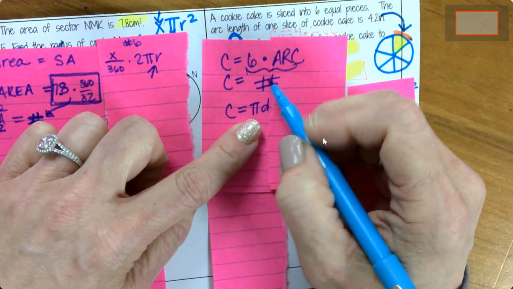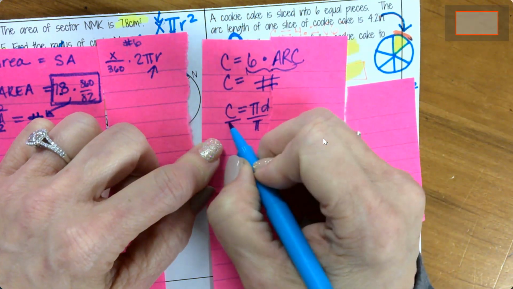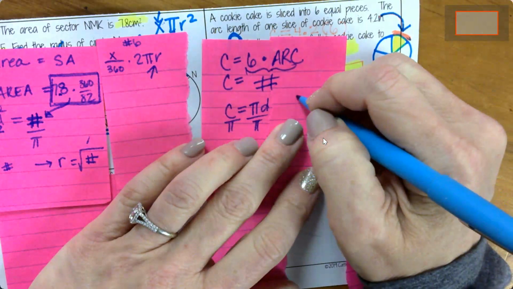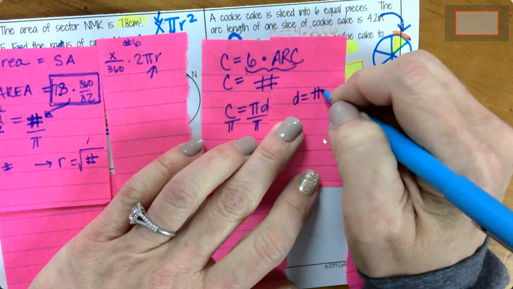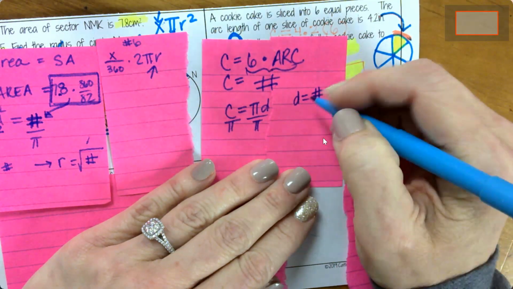Okay? And you get your diameter. Once you know your diameter, what else could you get? Good. Hopefully you have it by now because I'm basically walking you through the thinking. Then how do you get your radius if you know the diameter? Okay, so then you get your radius.